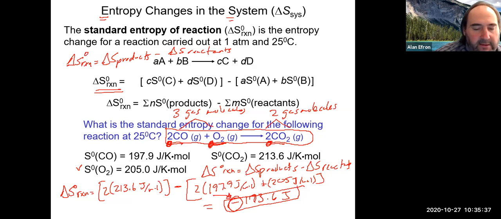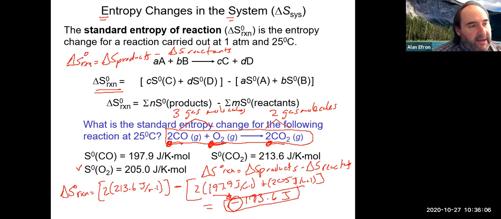That's a good way to make sure you didn't mess up your calculation. We can definitely look at a reaction and, based on how many gas molecules are made and how many are consumed, where we start and where we end up, make a good prediction of the sign we should get for the delta S of the reaction.